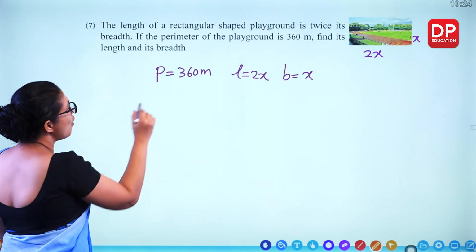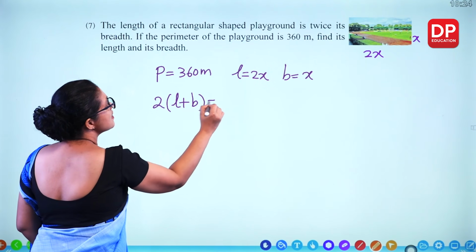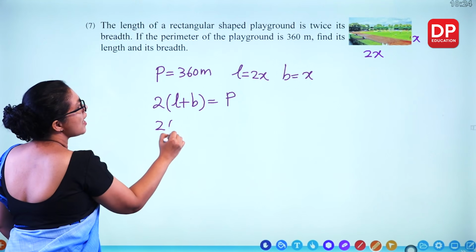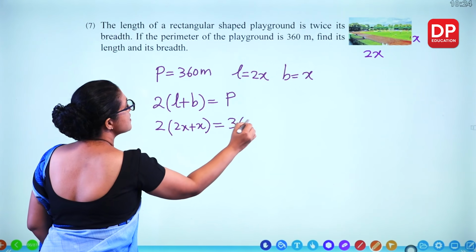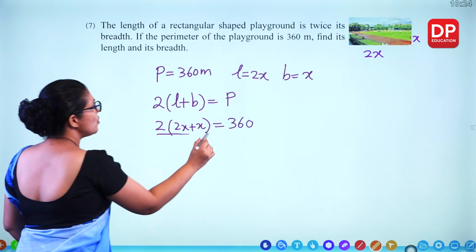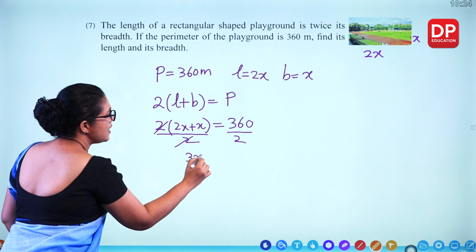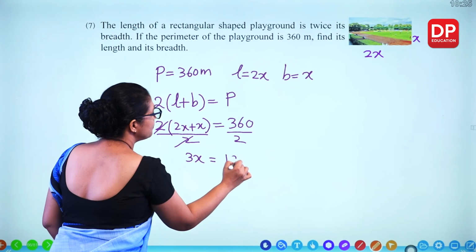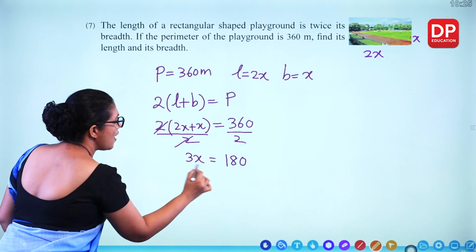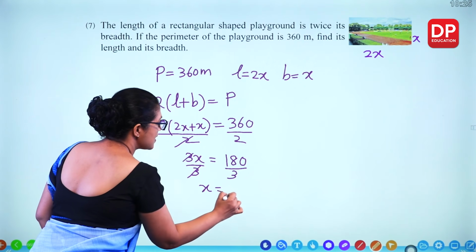Now use the formula. 2 times L plus B is P. 2 times 2x plus x equals 360. Divide by 2. 2x and x becomes 3x. 360 divided by 2, 180. So divide this by 3. You get x equals 60.